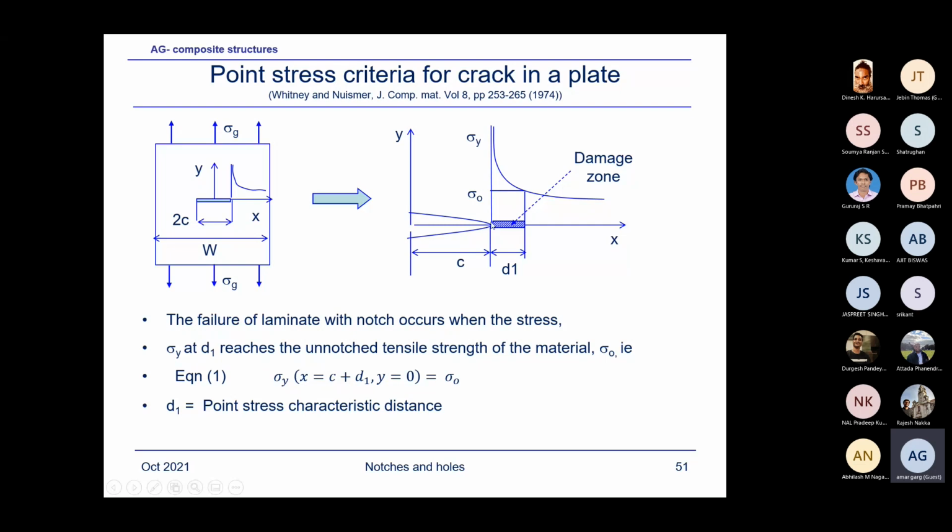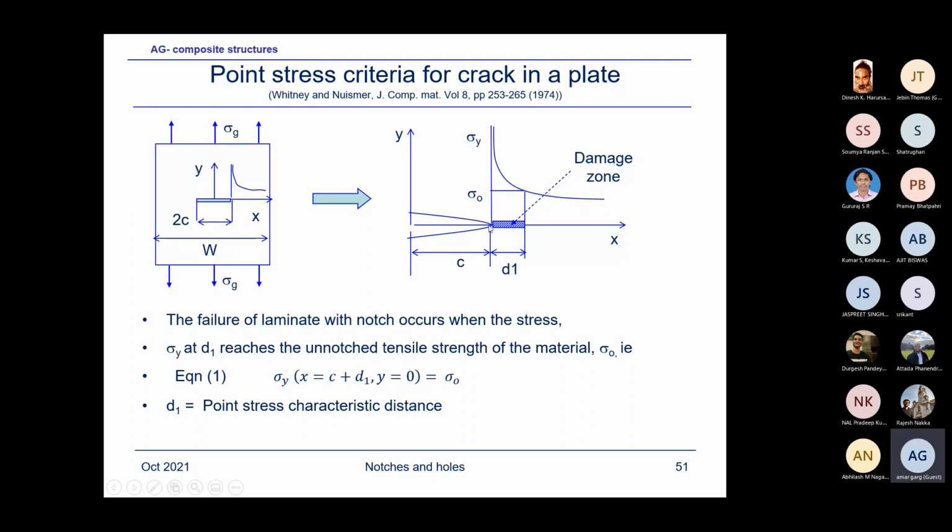That is a theoretical singularity, but the stress can never reach infinity. The reason being, in metals you will have plasticity developed near the crack tip, which will restrict the stress from reaching infinity, because yielding will occur and sigma y, the yield stress, will be the maximum stress normally if the material yields.